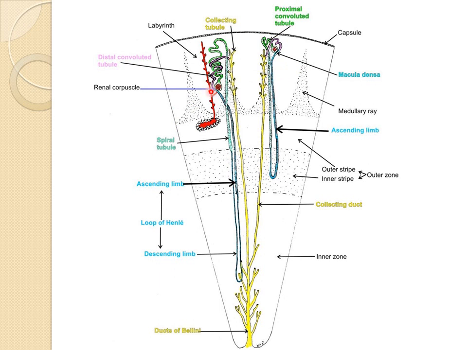But essentially, your renal tubule or nephron would start over here, and you can follow that green, and then it goes down the medullary ray, and then it turns on itself in the inner zone, and it goes all the way back up through the medullary ray, back into the labyrinth, passes the same renal corpuscle, then it goes back into the medullary ray, and it joins the collecting tubules, represented here by yellow, and collecting ducts, and then it will exit into the pelvis of the kidney.